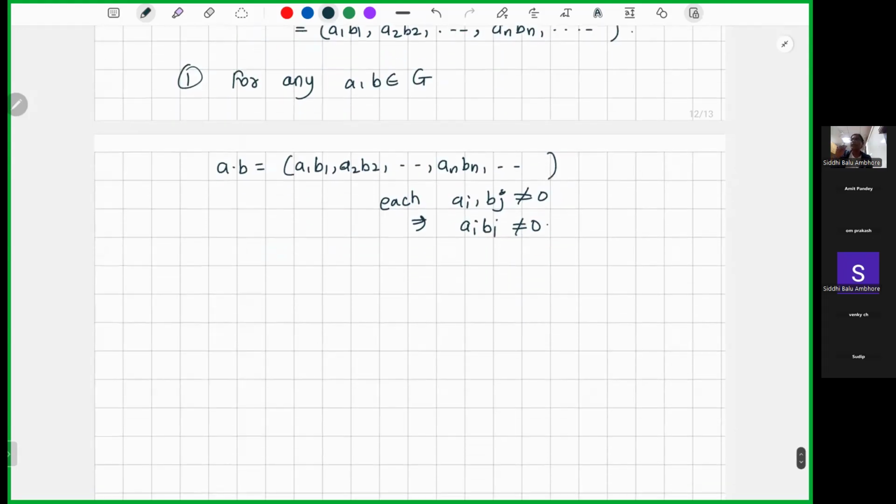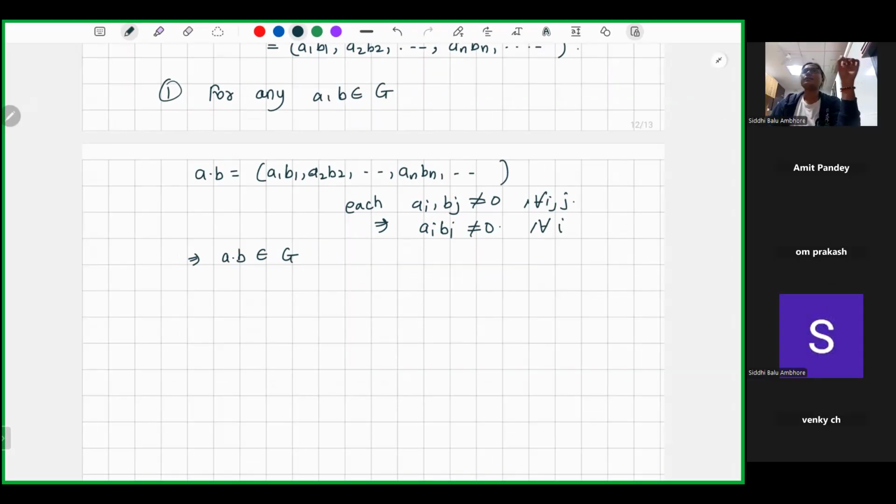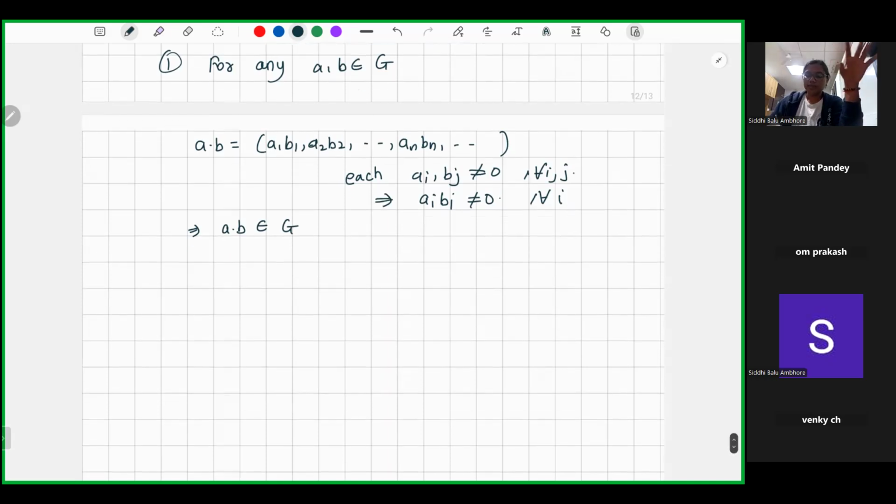So this will again be an infinite tuple of non-zero real numbers. So a dot b belongs to G. Therefore the closure is satisfied.